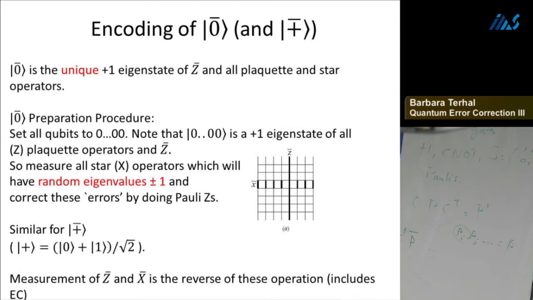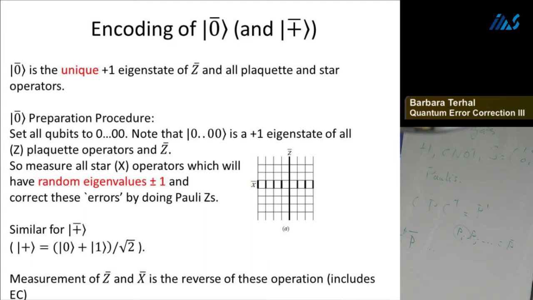So in some ways, there are many errors on this system because there are many places in which these X operators come out to have -1 eigenvalue. So we need to correct these. But the point to note is that we correct these by doing some Pauli Z's.